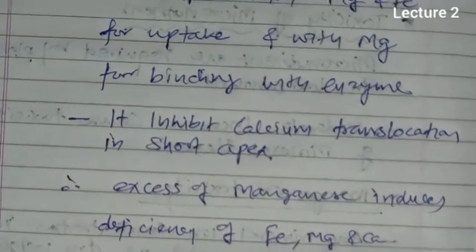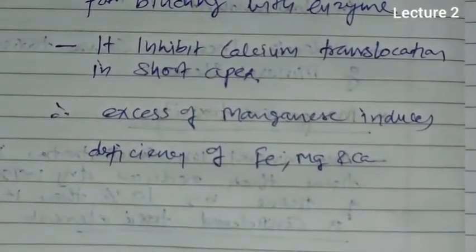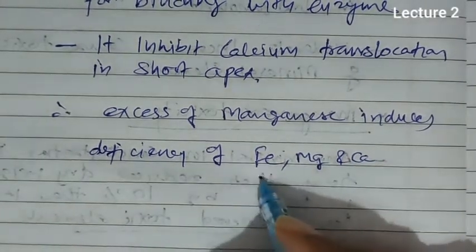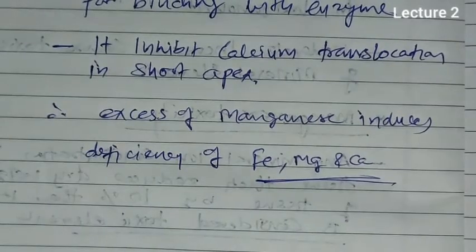It is not actually causing a deficiency itself, but due to the excess of manganese, the deficiency of these occurs. So we can conclude that the toxicity symptoms of manganese and the deficiency symptoms of iron, magnesium and calcium are similar. Yes, they can be, because for those it is a deficiency and for manganese it is a toxicity, and both become similar for this manganese toxicity.